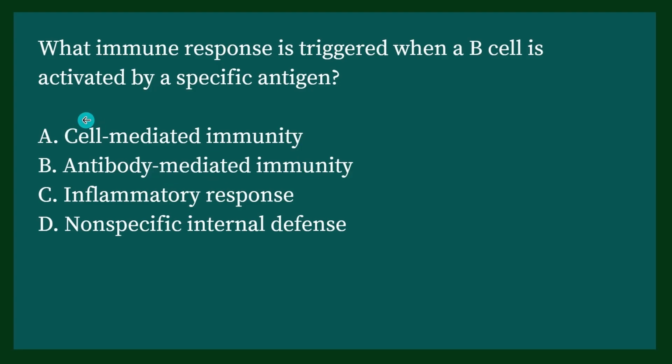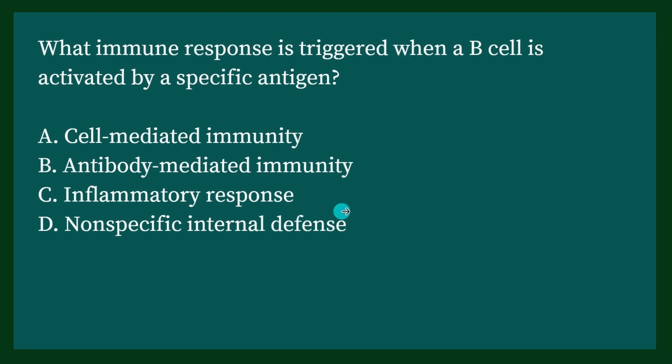So we always associate T cells with, I think, the cells where the pathogen is, and the antibodies go and destroy the antigen in particular. I think that's what the differentiation is. And then the inflammatory response is when we have our vasodilation, and that's actually a nonspecific internal defense.